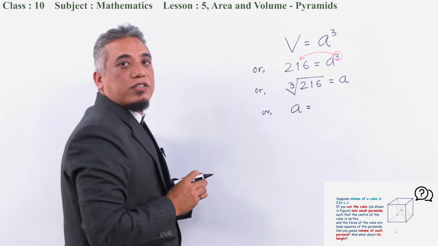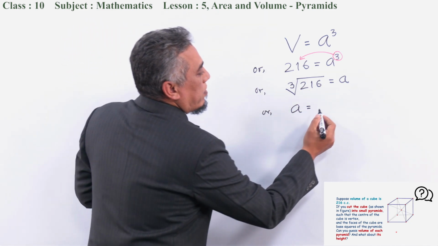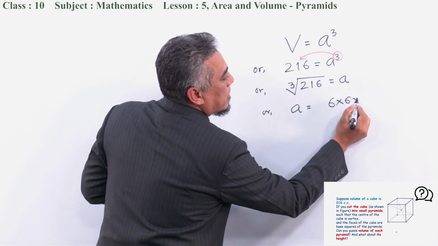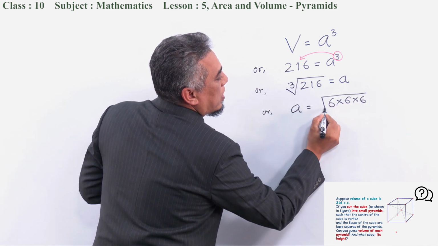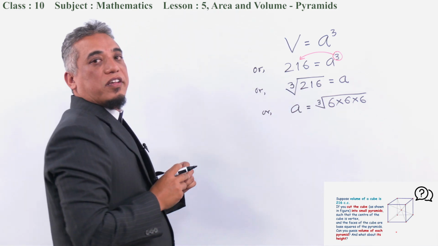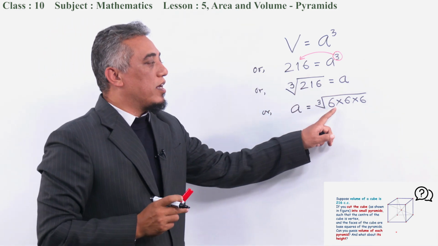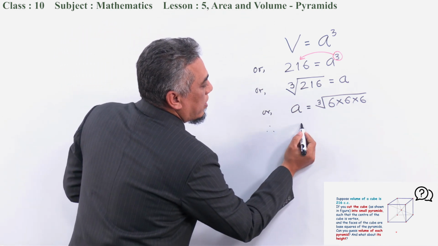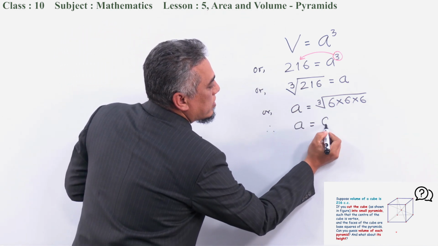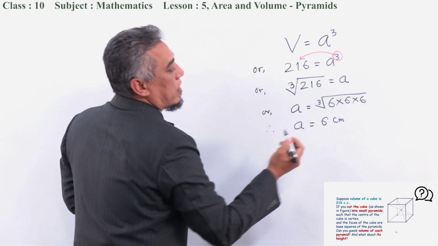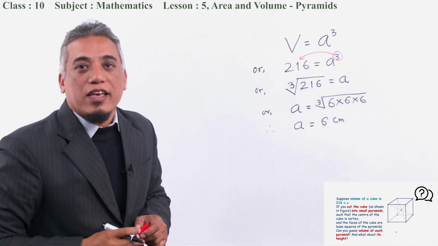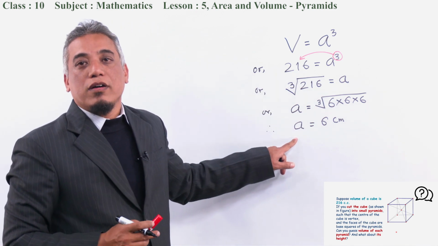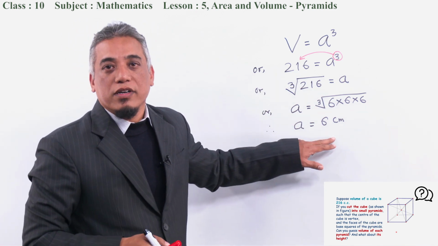By factorization, you can break this down into 3 sixes, 6 times 6 times 6. I think you can factorize this as 3 sixes easily. And therefore, the value of A will be 6 centimeters. What does it mean? Yes, it means the height of the full cube is 6 centimeters.